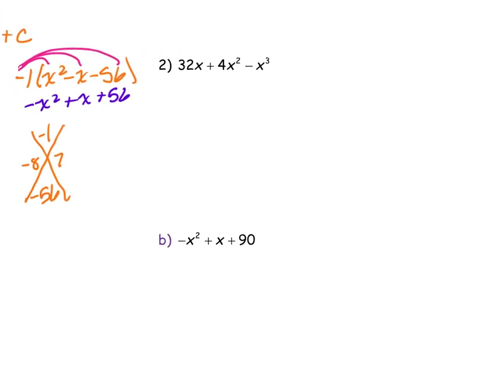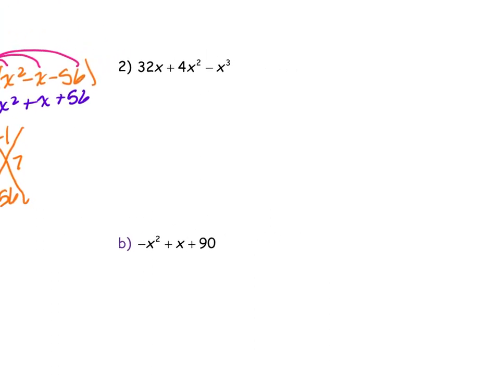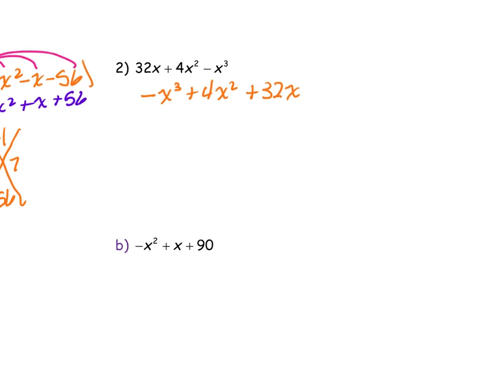Good. So we got another one over here, number 2. Same type of situation. Let's write it in standard form first: negative x cubed plus 4x squared plus 32x. Not only do I need to make a positive x squared by factoring out a negative 1, I also have an x in every single term, so I'm going to factor out a negative x.